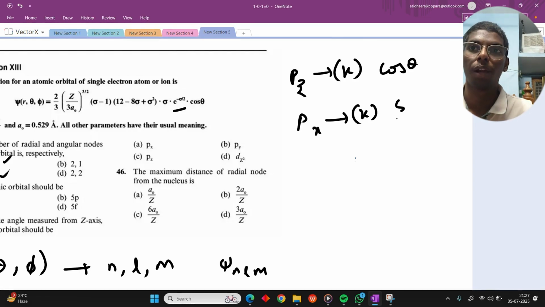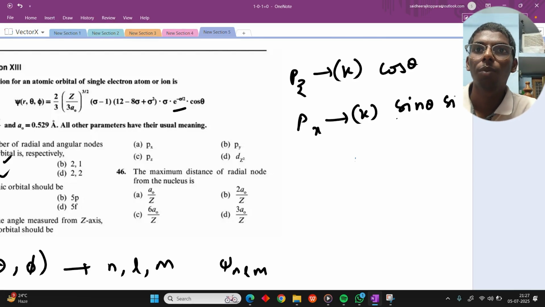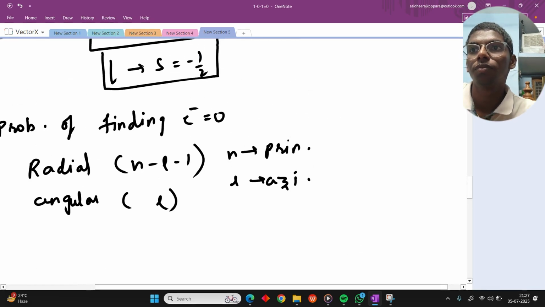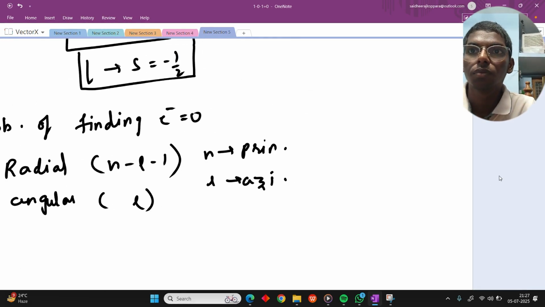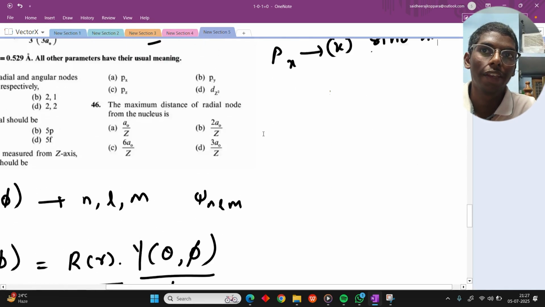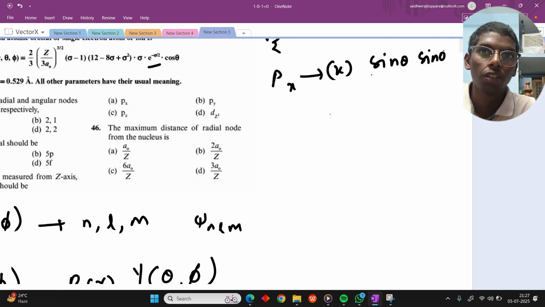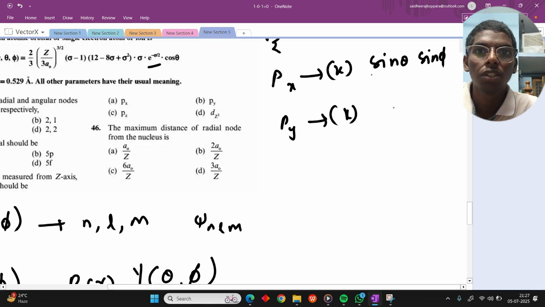While coming to the angular part, generally for your pz, it's k times cos theta. For your px, it is k times sin theta sin phi.